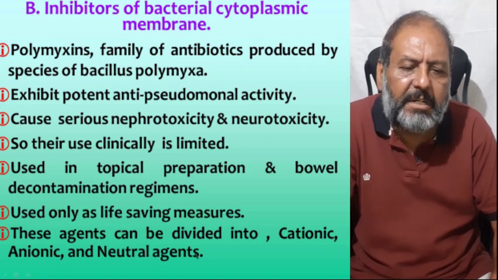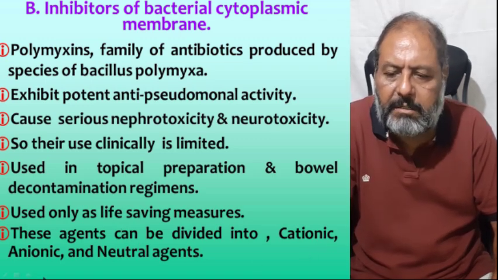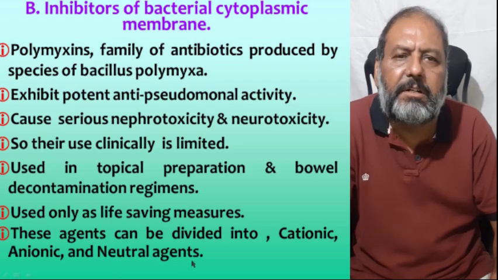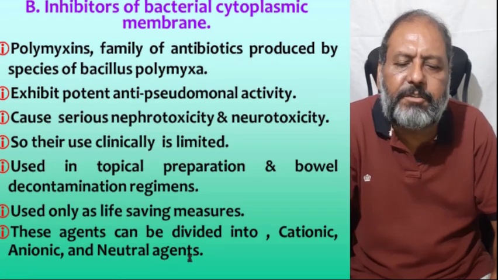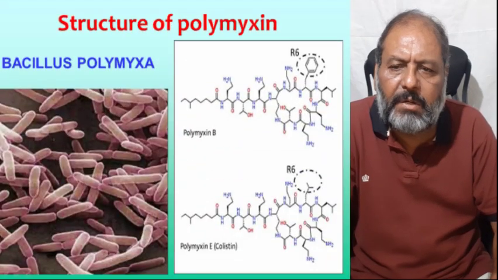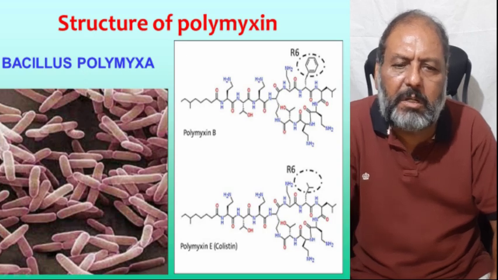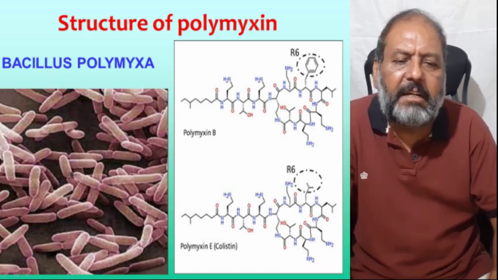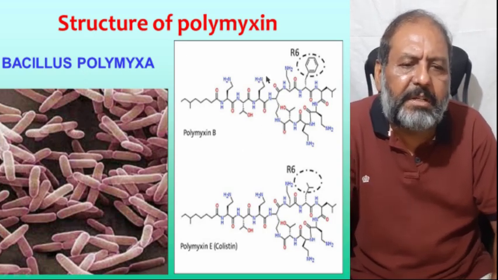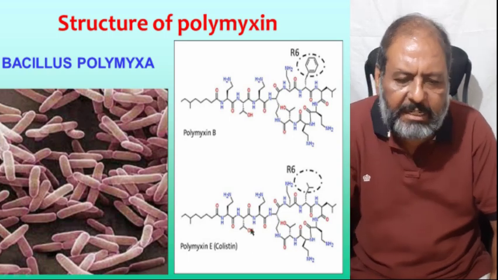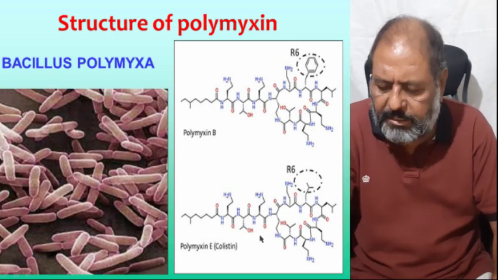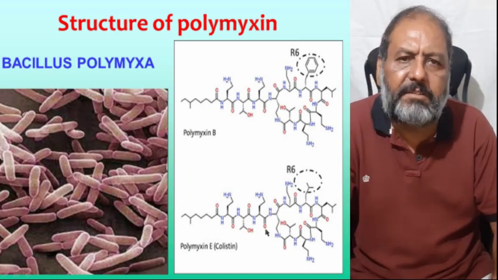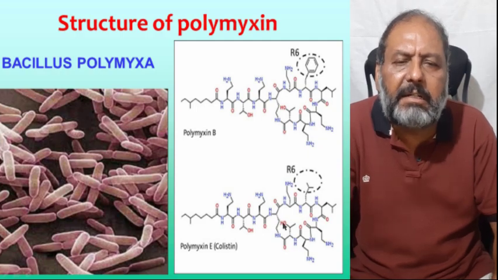These agents can be divided into cationic, anionic, and neutral agents according to their nature. Here one can see Bacillus polymyxa, which is capable of making polymyxin B and polymyxin E, colistin, which is used for gut sterilization in certain gut surgeries.